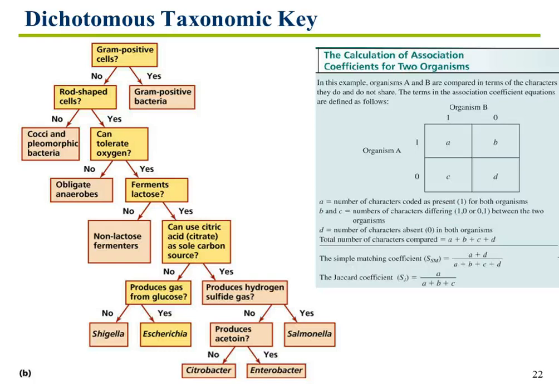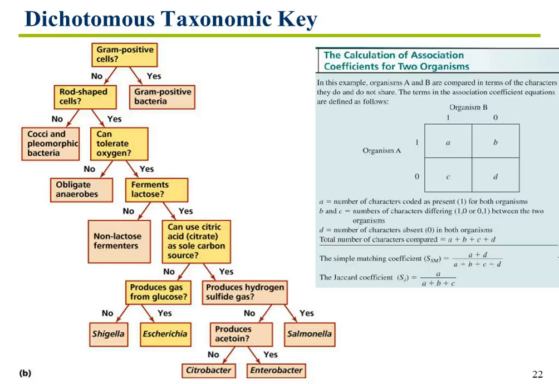You go off to the right. Can it grow in the presence of oxygen? Yes, no. Yes, you go off to the right. Does it use lactose? Yes, you keep going to the right. Eventually, you end up getting down at a genus, in this case, Escherichia. So at every turn, you have two choices. That's why this is called dichotomous. Two choices. And this is called a key.